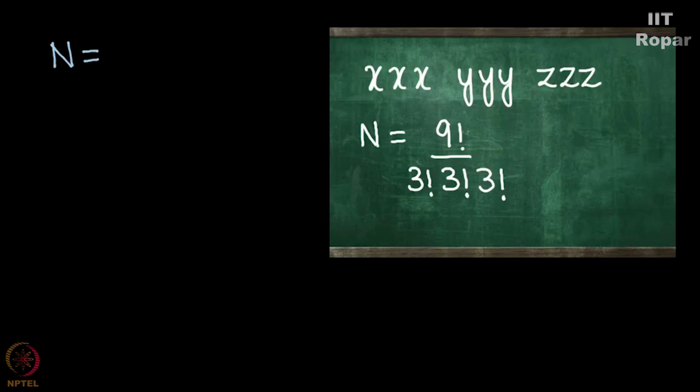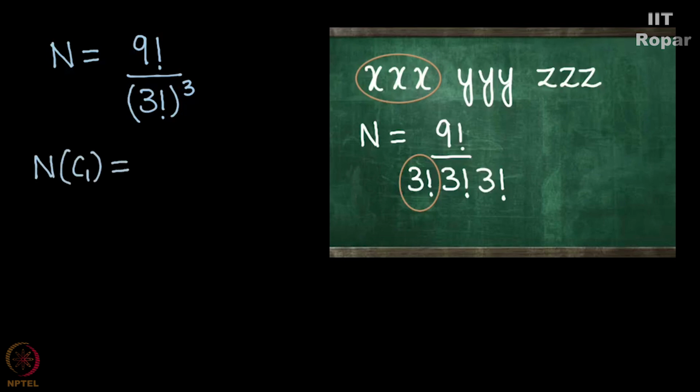If you do not catch it here, then you must probably revisit the multinomial theorem. Because x is repeating, y is repeating, z is repeating, each of them thrice, we divide by 3 factorial thrice. So 9 factorial by 3 factorial whole cube happens to be n.